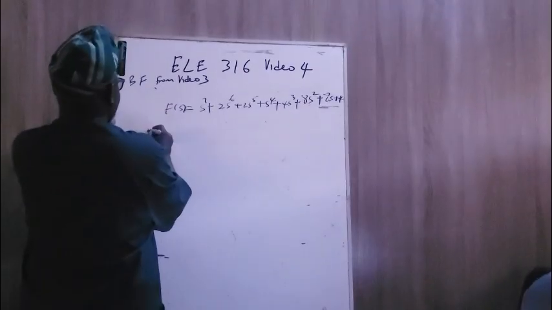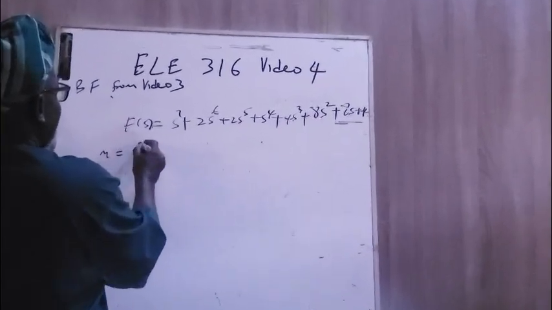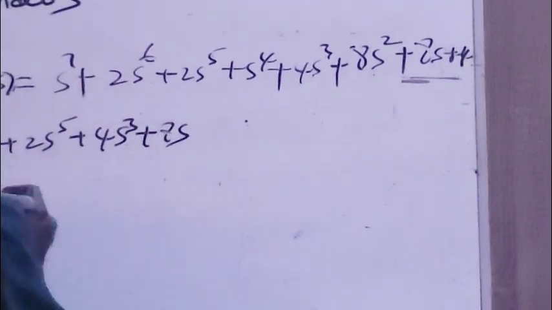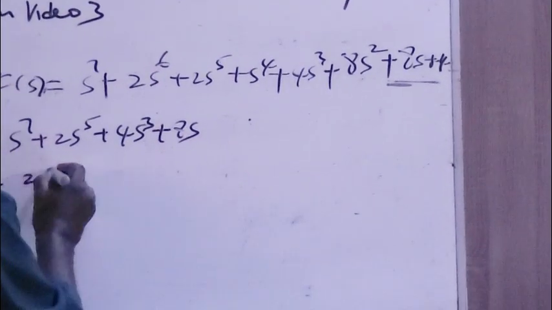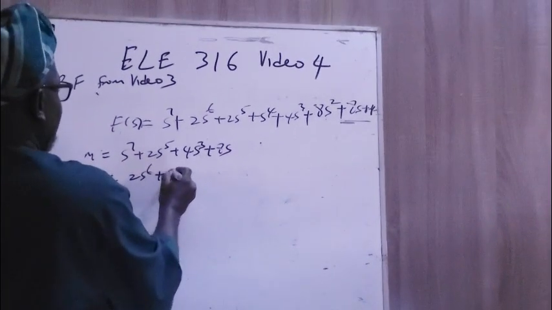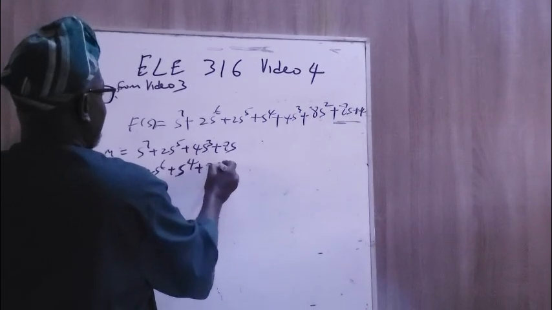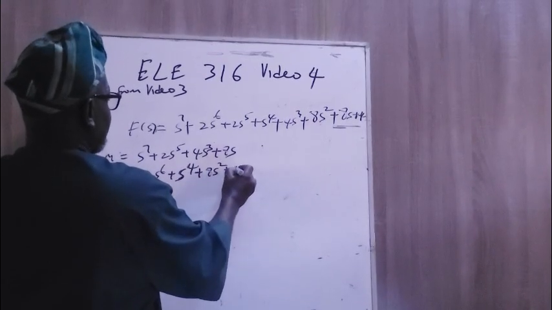As usual, we start with the even part, s^7 plus 2s^5 plus 4s^3 plus 8s, and N is going to be 2s^6 plus s^4 plus 8s^2 plus 4.